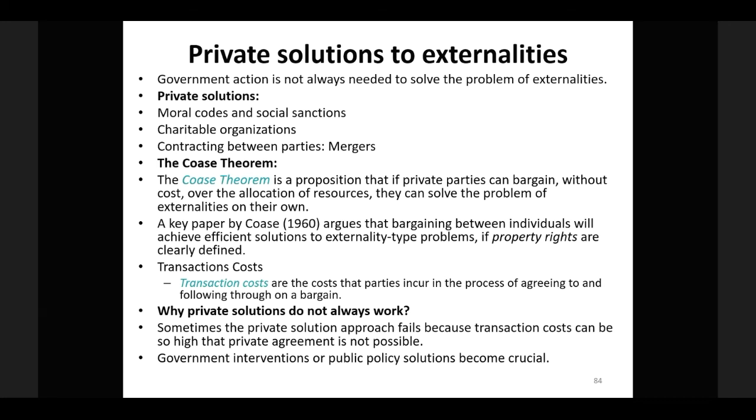For instance, if the rental apartment of the doctor is acquired with this property right attached to it, then you see the second solution still comes in, where the baker will have to buy the quieter machine, so that it doesn't make noise that affects the doctor. So this is how the Coase theorem works.